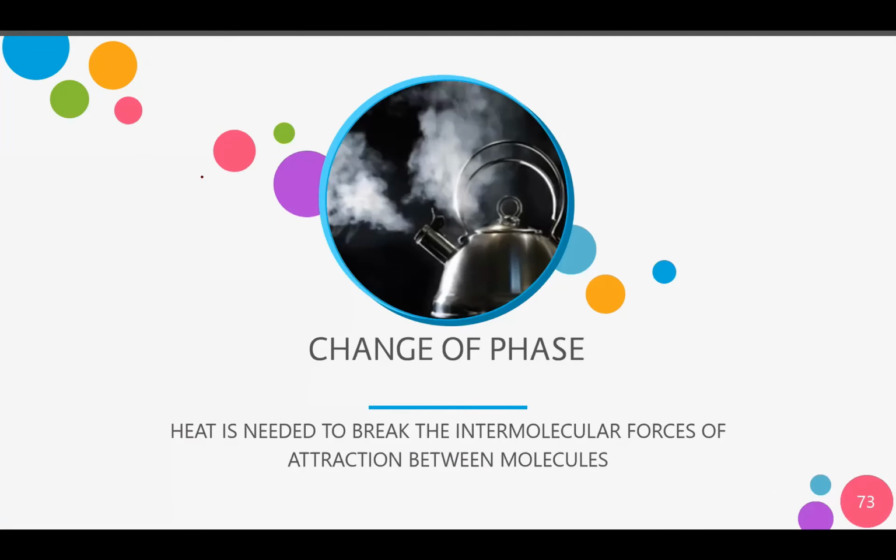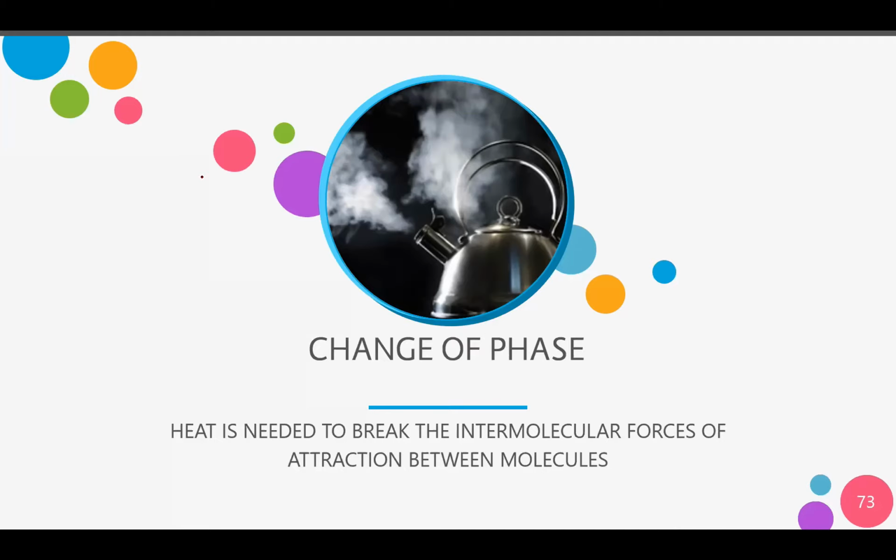The last effect of heat is the change of phase, which changes the state of matter, from solid to liquid, or from liquid to gas, or gas to liquid, or vice versa.